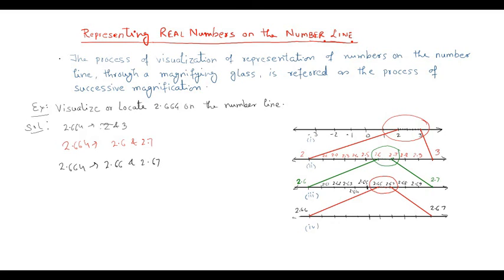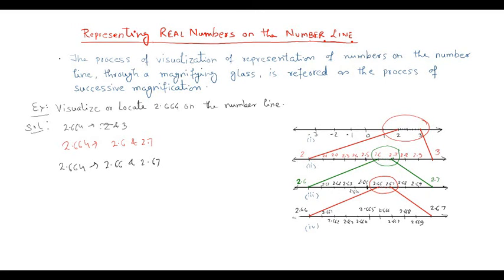We have divided this line into 10 equal parts, and it becomes 2.661, 2.662, 2.663, 2.664, 2.665, 2.666, 2.667, 2.668, 2.669.